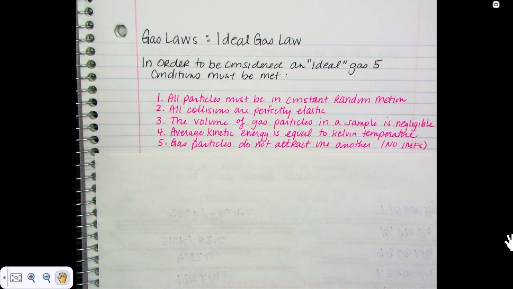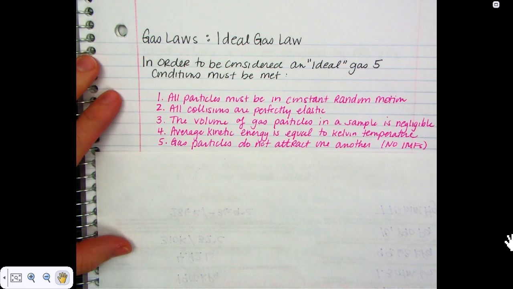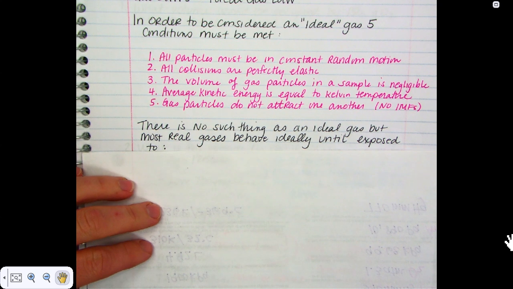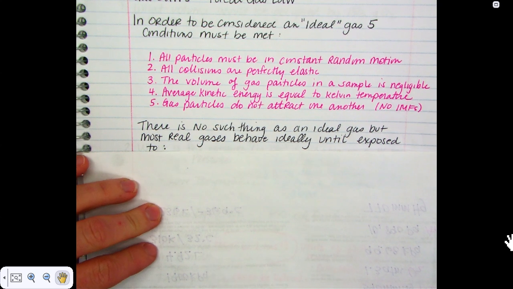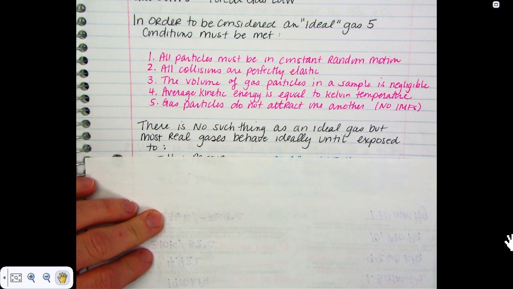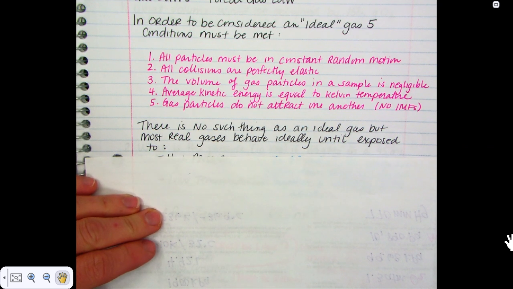It's possible for what we would consider a real gas to meet all of those. But if you change the environmental conditions, that's going to start to be an issue, specifically with 3 and 5. There's no such thing as an ideal gas, but most real gases will behave ideally until exposed to 2 extremes of environmental conditions.